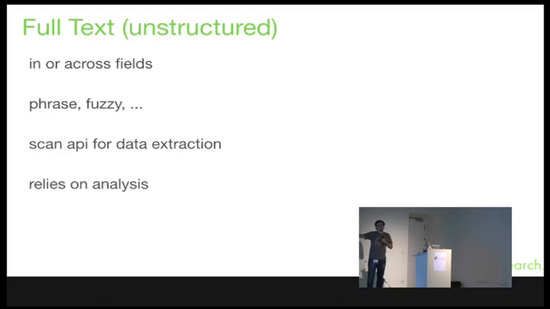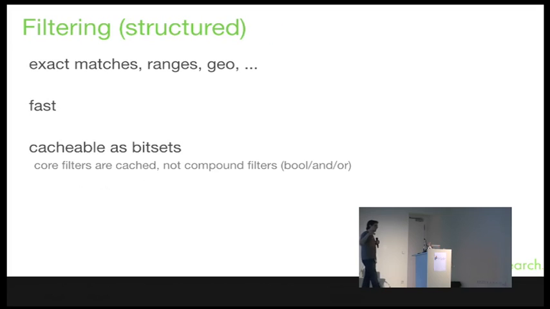So that's one type of the search, the more interesting one, but also more esoteric. The other one that we are all probably more familiar with is a structured search or filtering in Elasticsearch. Those are for exact matches, ranges, geofilters, and everything.